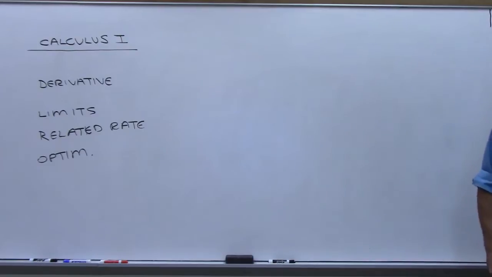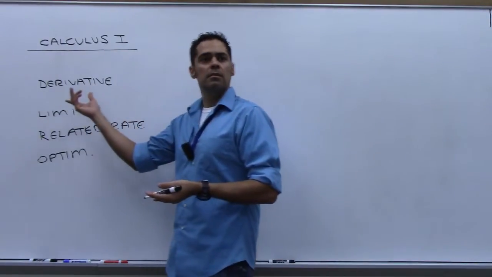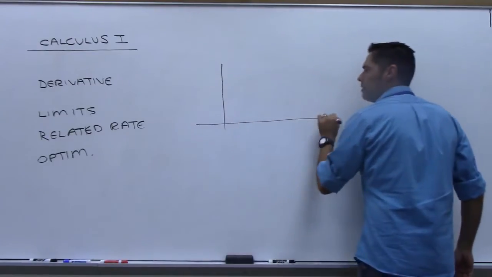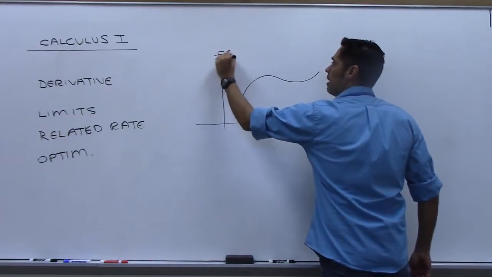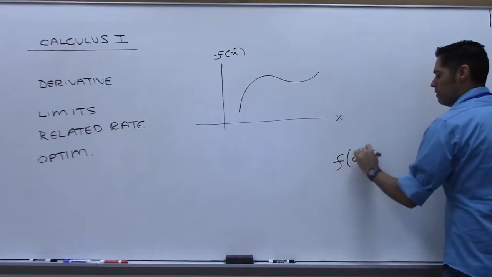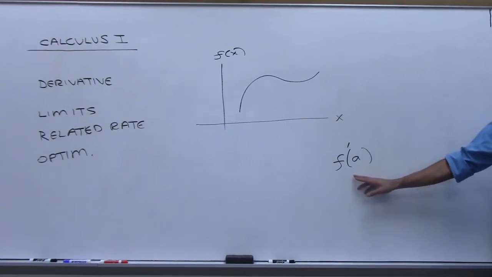How about geometrically? I heard Auntie. We'll get to that in a second. How about geometrically? Like, what did the derivative represent for us in Cal 1? Slope of the tangent line, right? So if we have a graph of a function, here's x, and here's f of x, and if we say, well, what's the derivative of the function at a, then this would give us a numerical answer, right?